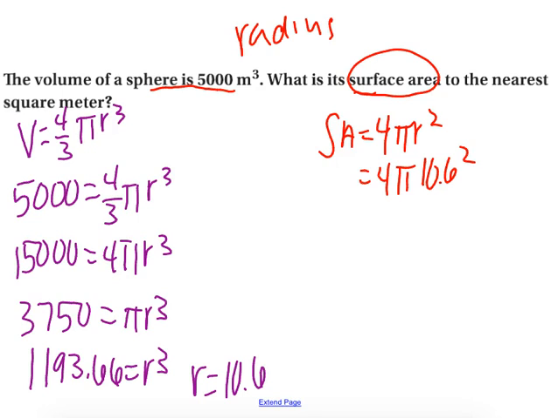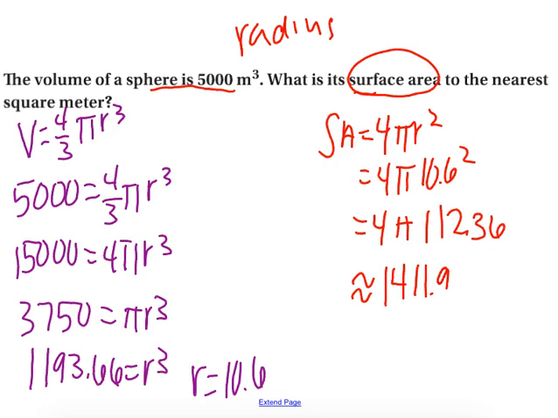Well, 10.6 squared we find is 112.36, times 4 pi gives us approximately 1,411.95. And that's to the nearest square meter. So 1,412 meters squared.